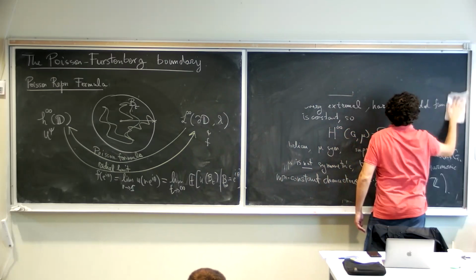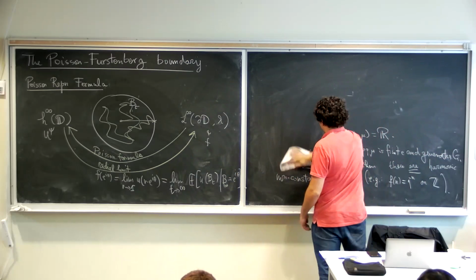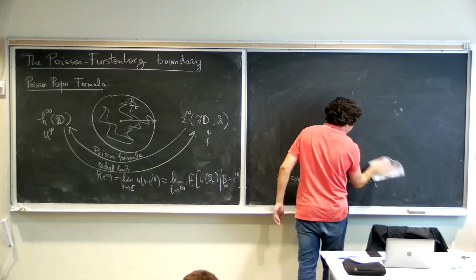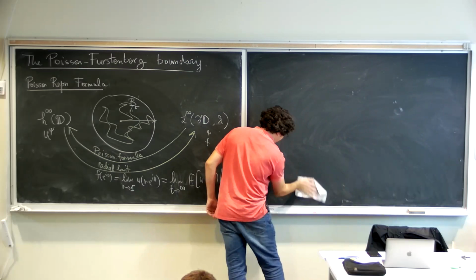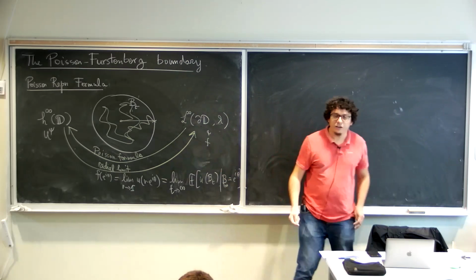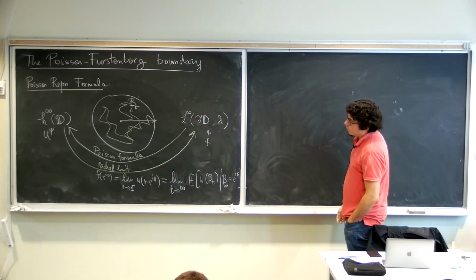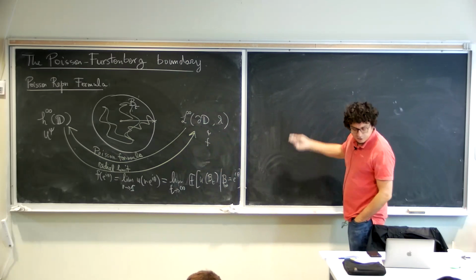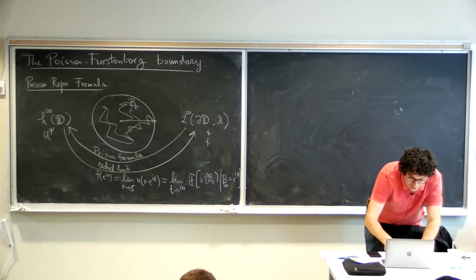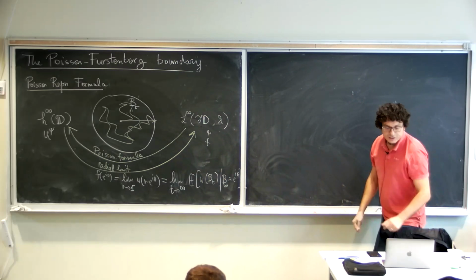Well, it's a convolution with the Poisson kernel. Of course, if this was the Heitzmann formula, it would be the convolution with the Heitzmann kernel, and the von Taylor formula would be the convolution with the von Taylor kernel. So this doesn't say anything. What is the Poisson kernel?